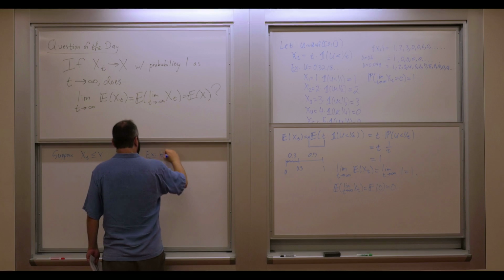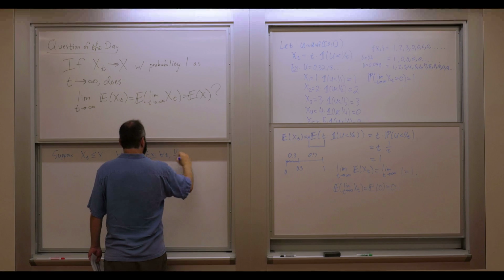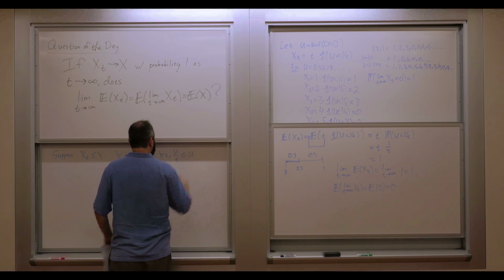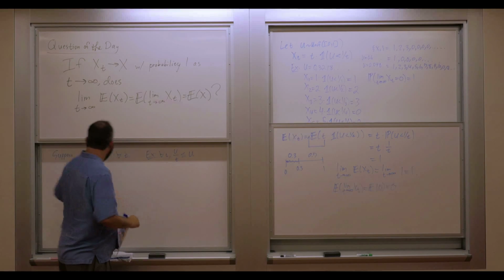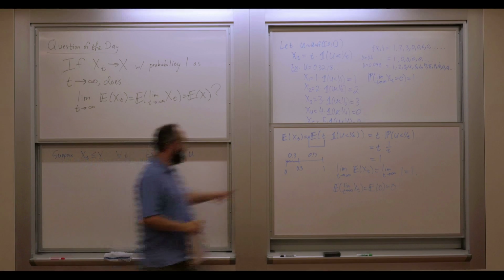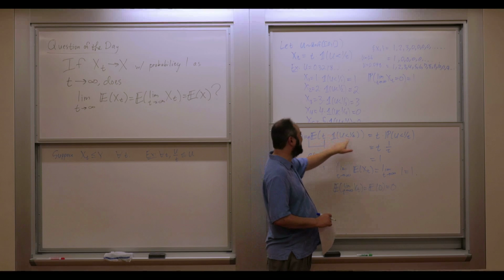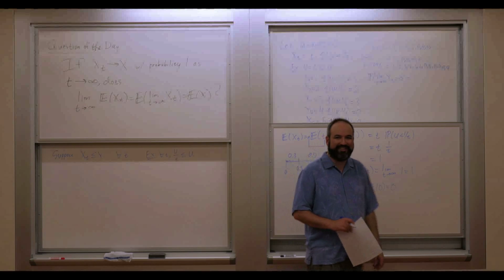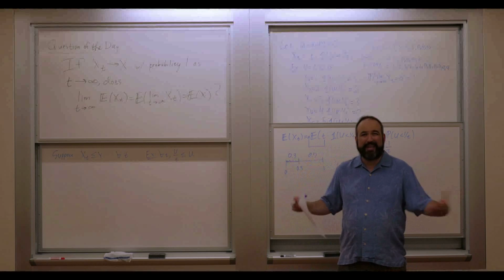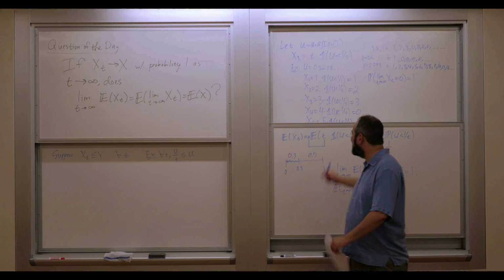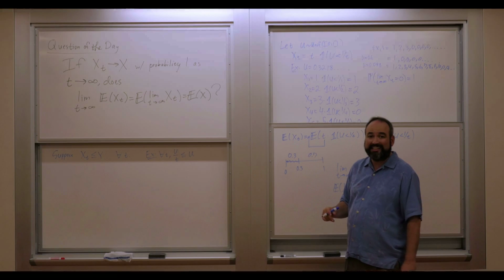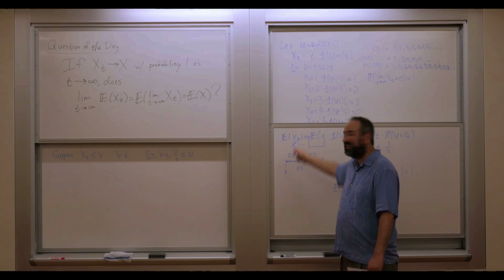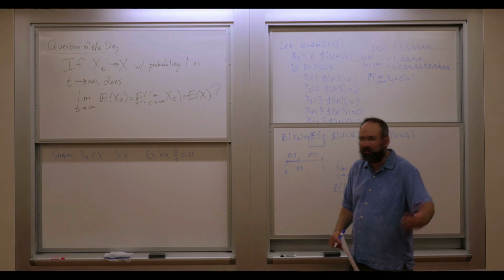For example, for all t, u divided by t is less than or equal to u. But in this case, when the x of t's were t times the indicator u less than 1 over t, those just could keep getting bigger and bigger. It's possible that x of a million is a million, x of a billion is a billion, and so on. They just keep growing without limit.